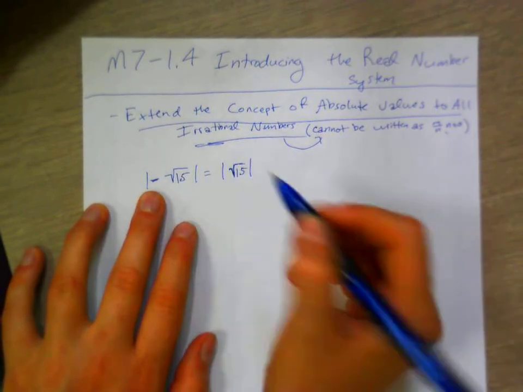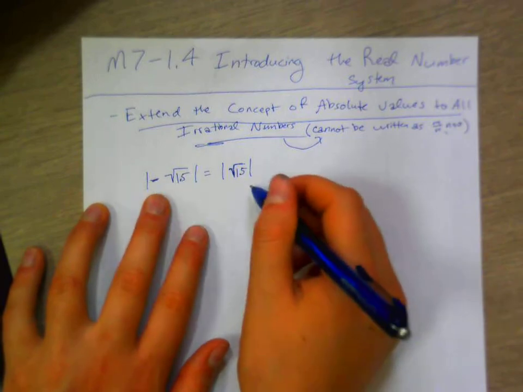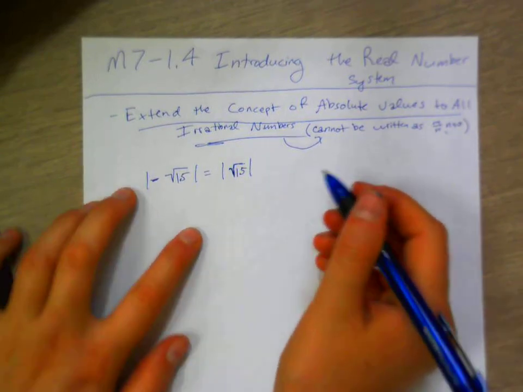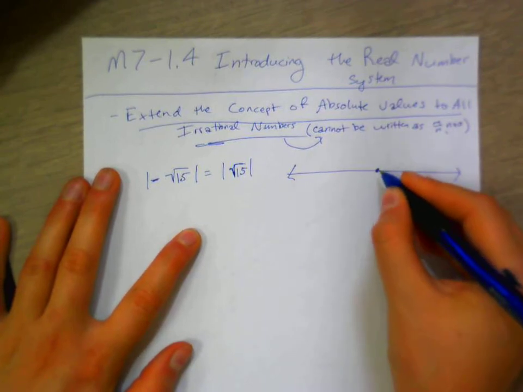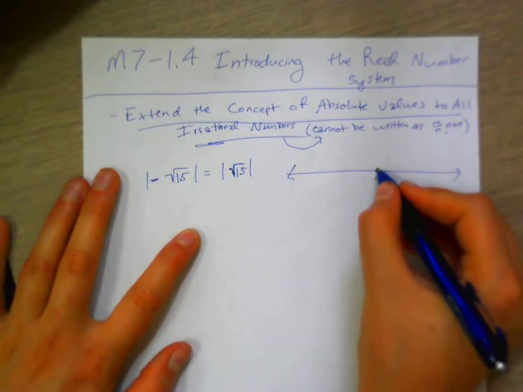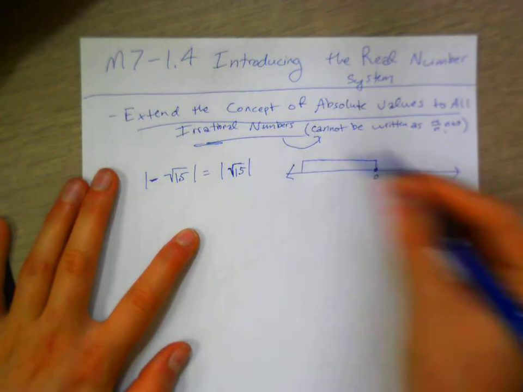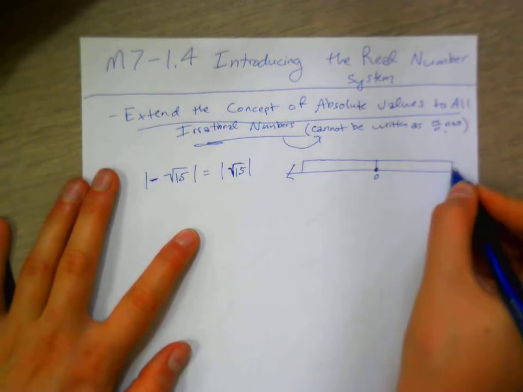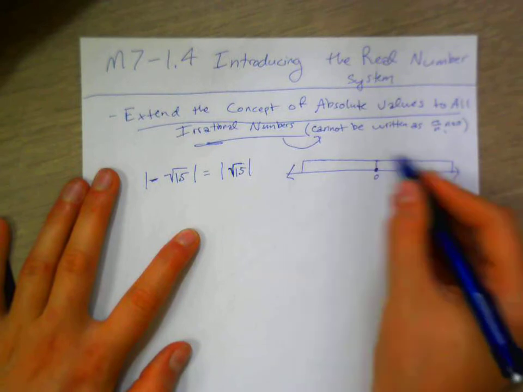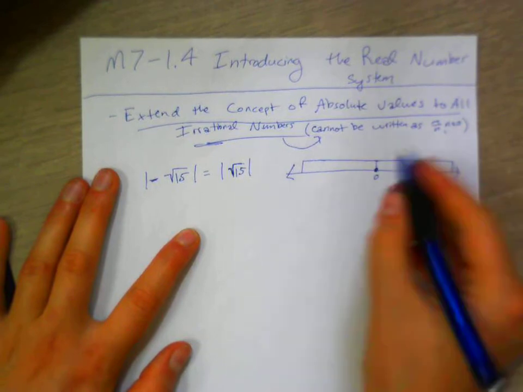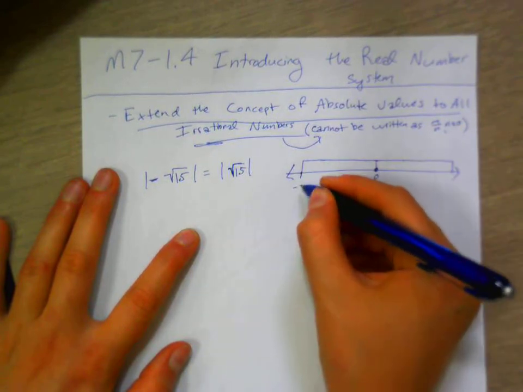Now, because these are equal, their distance on a number line is going to be equal from 0. So if one extends this far, the other one extends this far, because one is negative in here, the other is positive. These two distances are equal. This is just the distance to negative square root of 15.